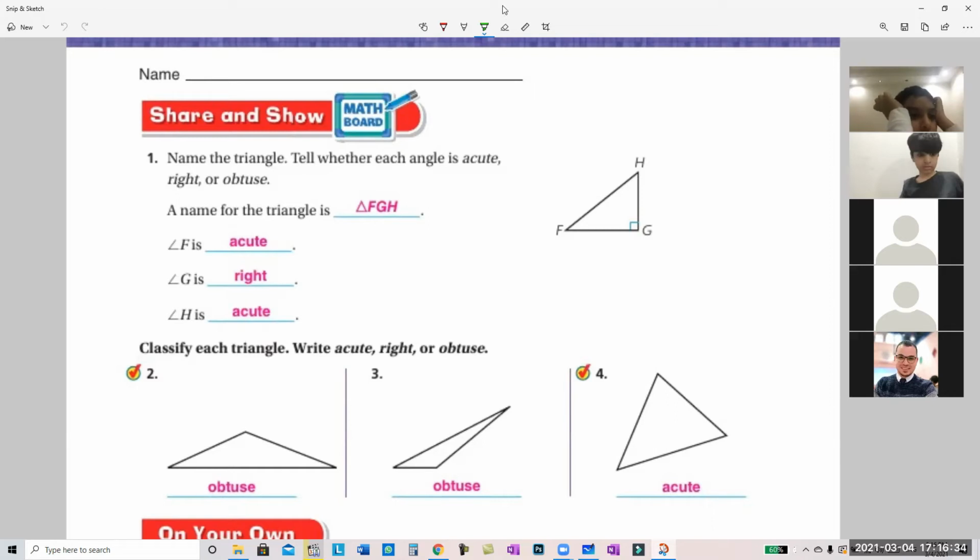Okay, let's see. Name the triangle. Tell whether each angle is acute, right, or obtuse.